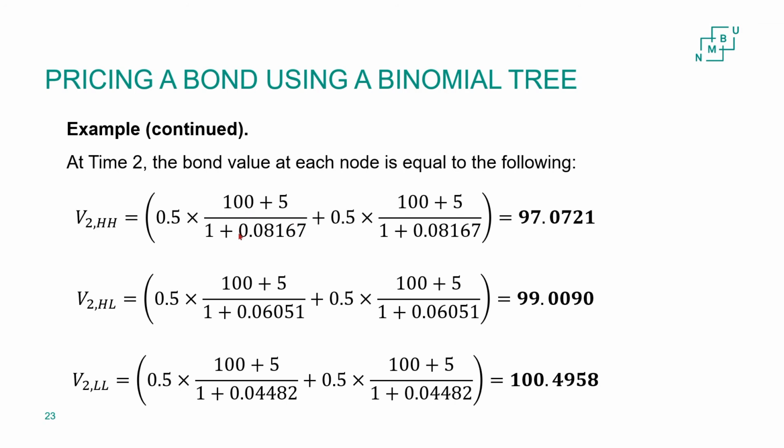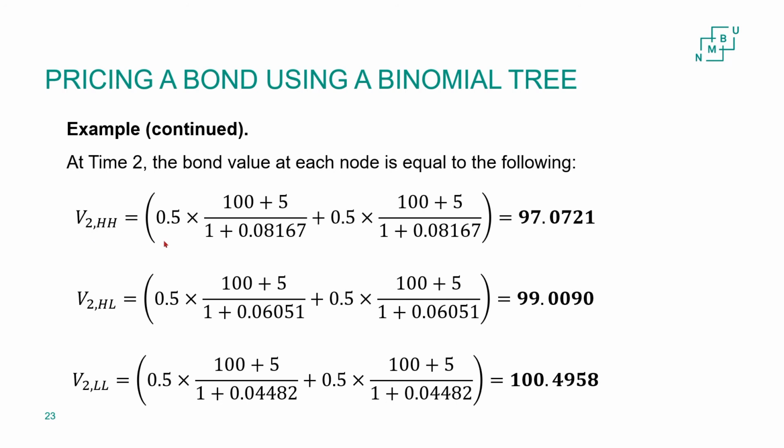This is the interest rate, the implied forward rate at time 2, given two up moves of the interest rate. Okay? So what we do is that we take the probability weighted present value of the time 3 cash flow to get the time 2 present value.